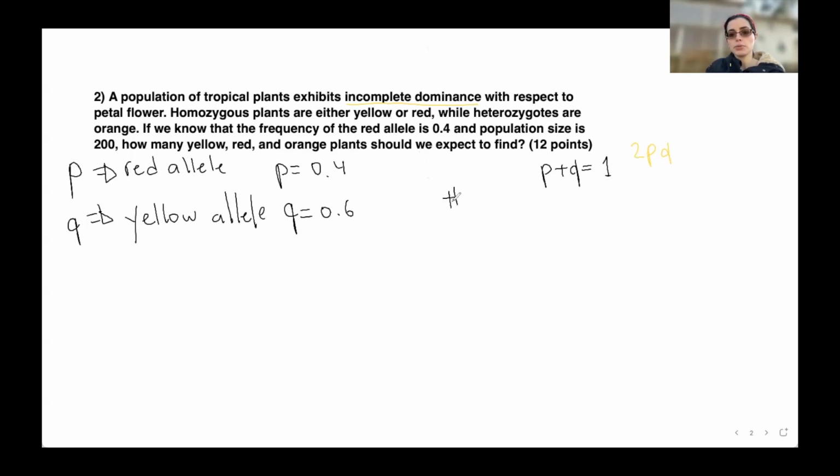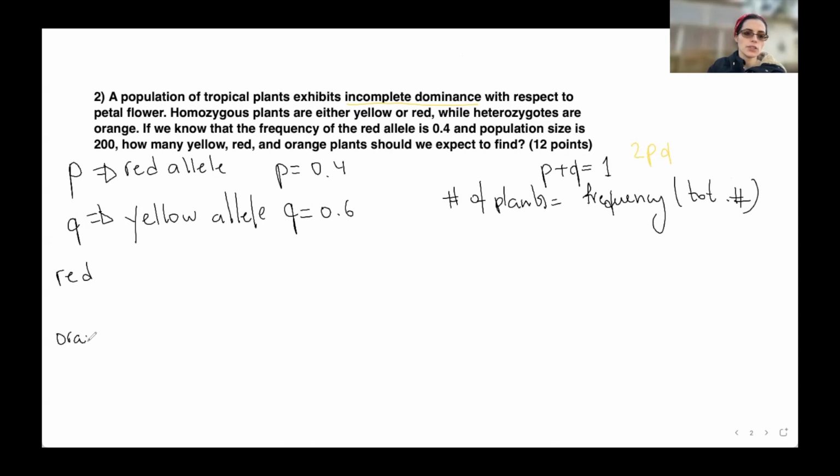The number of plants in each category would be frequency multiplied by total number. So we need to find frequencies for each. So let's say here we have red, then we have orange, then we have yellow. Here we'll have frequencies, and then numbers. So I'll make a little table here.